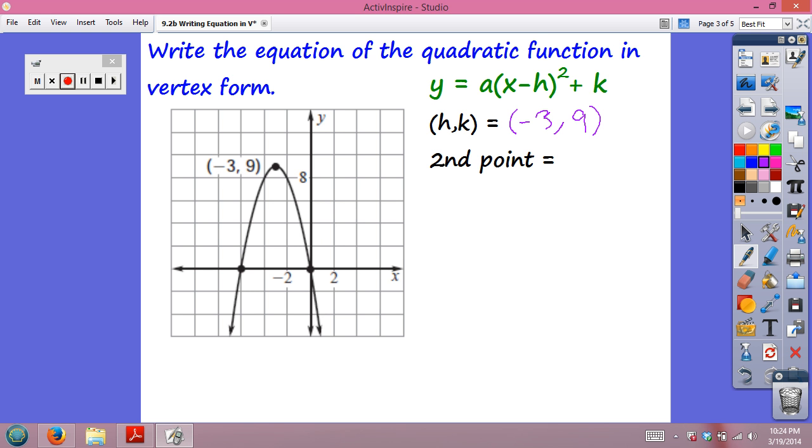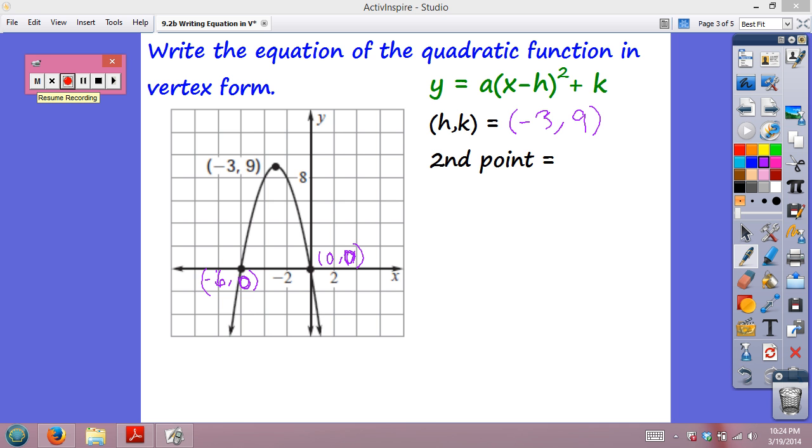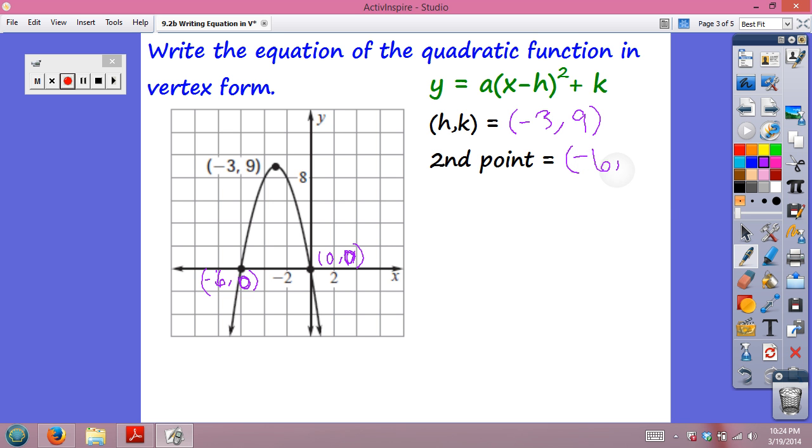If you notice the graph is going by 2's, so this point on the graph is at -6, 0, and this point is at 0, 0. You can pick either of these points. I picked the point for my second point to be -6, 0.